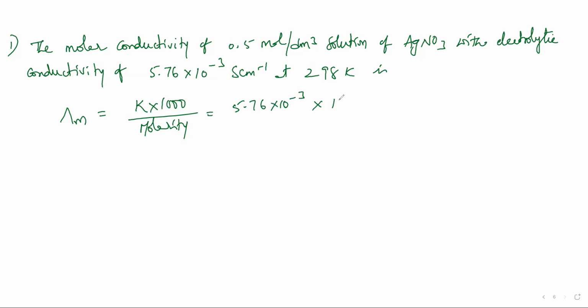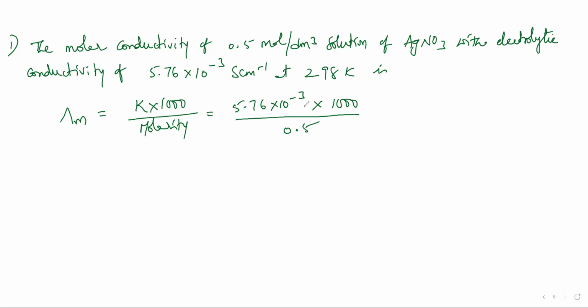Then multiplied by 1000 divided by concentration. What is the concentration given? 0.5. So what is your final answer here?